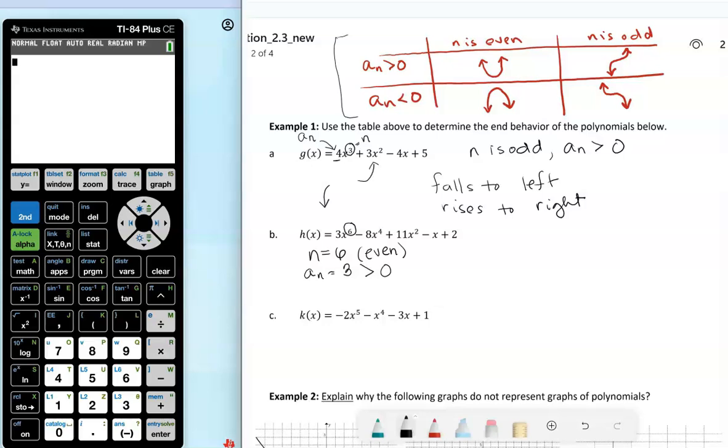Since the function has an even degree and a positive leading coefficient, its end behavior is going to look like this. So going to the left, it rises, and going to the right, it rises.